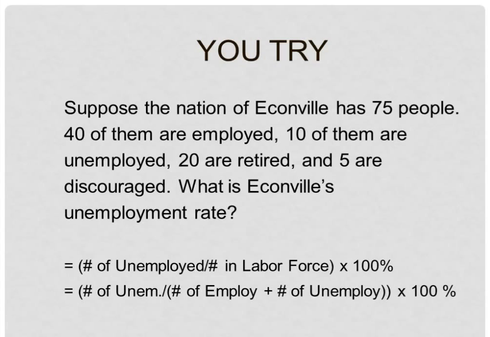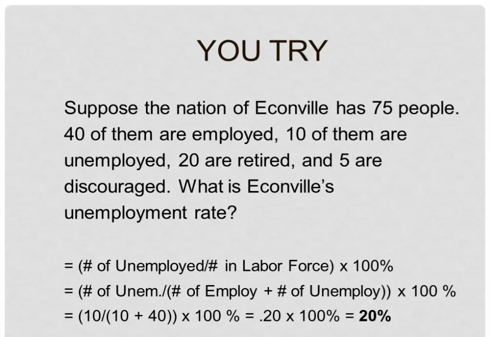So as we do our formula, we'll find that the number of unemployed is 10 divided by the number of unemployed plus employed, 10 plus 40, times 100% equals 0.2 times 100%, which equals 20%.